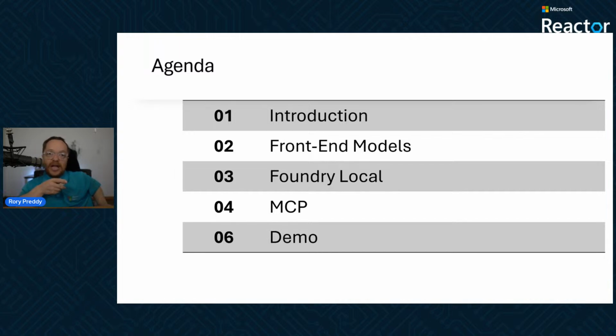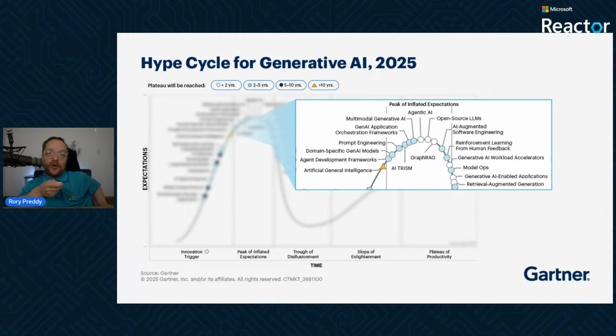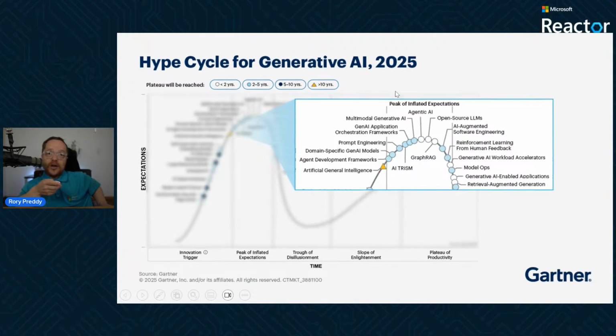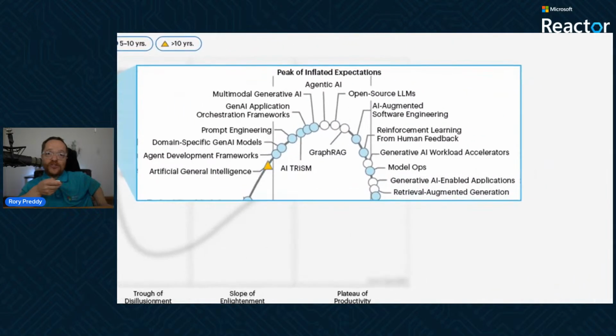So first of all, and I did cover this in week 1, we're in a really interesting time in IT. Now, Gartner says that the hype cycle for generative AI 2025 has these things we should focus on. We should focus on generative AI-enabled applications. That's this session.